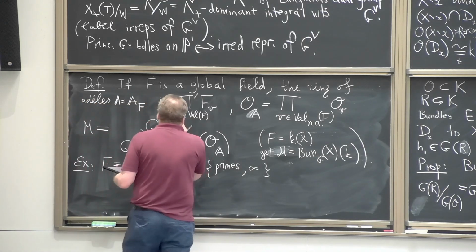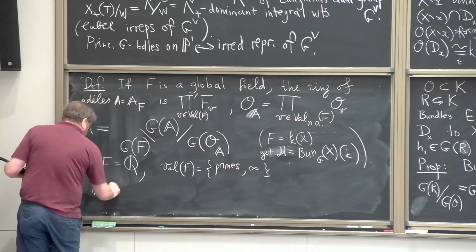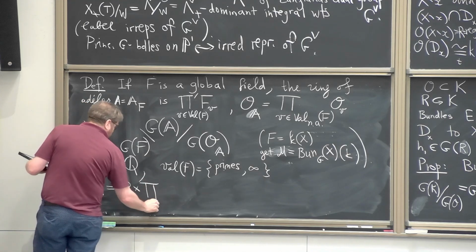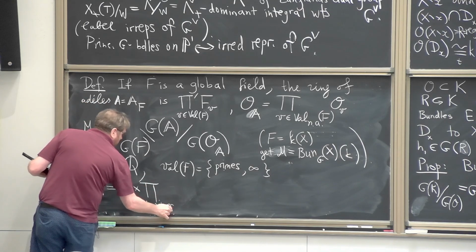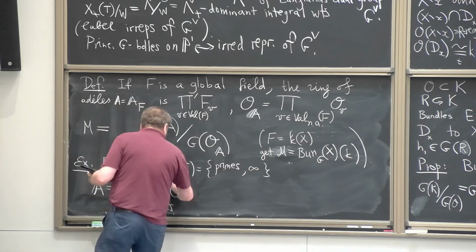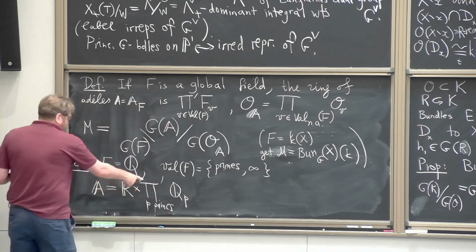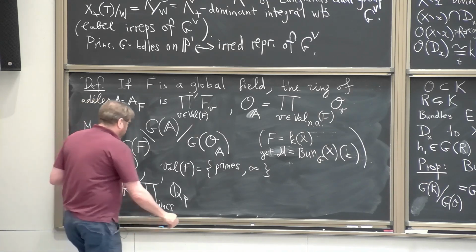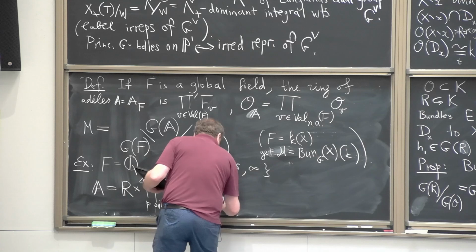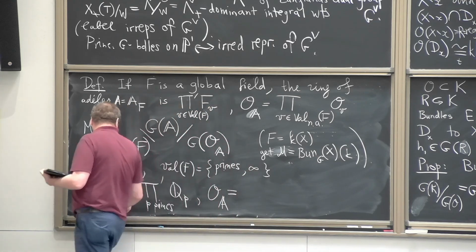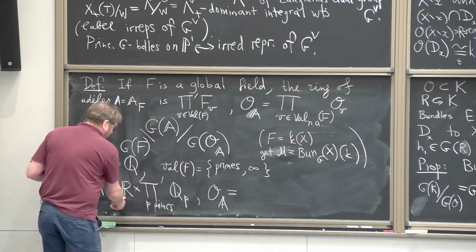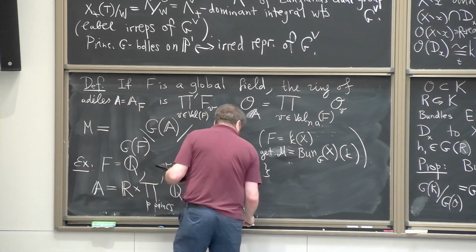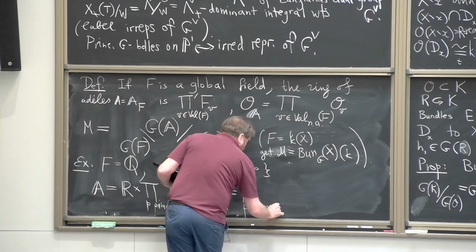So A in this case is just R times the restricted product over primes of Q_p, which means that only finitely many of them fail to be in Z_p. And O_A is, well, here we don't have a ring of integers at the Archimedean place, so that's the product over the primes p of Z_p.